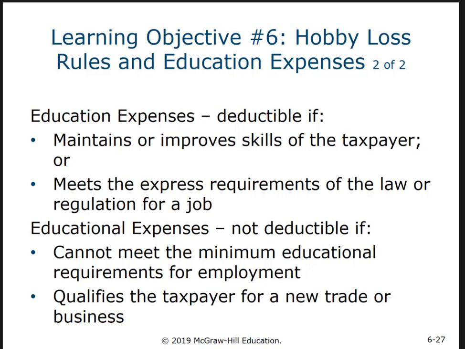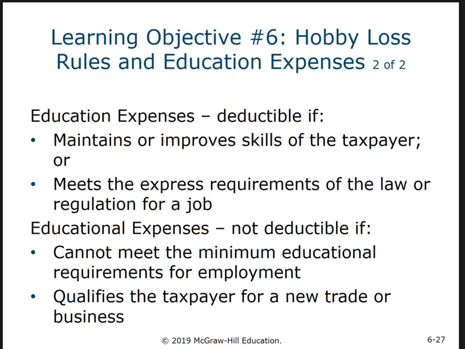There's a couple of questions in your homework that are a bit of a judgment call, and typically you can make a pretty good case that you need to improve your skills, even if it's a little bit outside of your norm. But if you're getting into an entirely new type of business, if you're a doctor and you go back to school and take classes to be a stockbroker, that's not going to work.